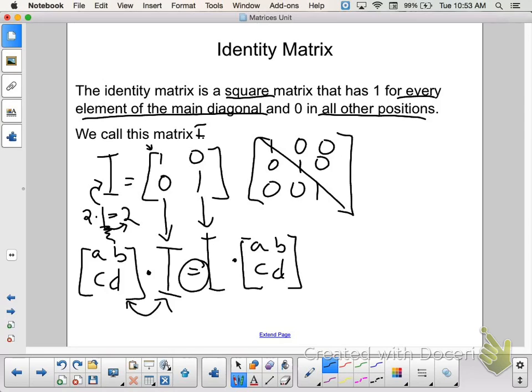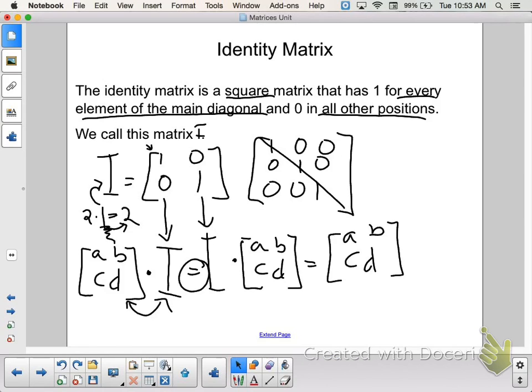It's not always true, but it is in this case. If that continues out just like a 1, I get A, B, C, D back. So it works just like 1. I just get A, B, C, D back, so it's like 2 times 1. That is the identity matrix.